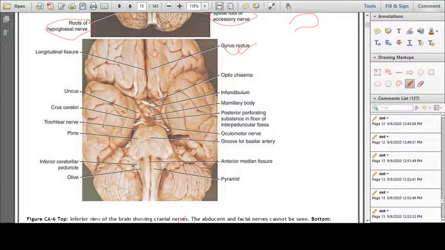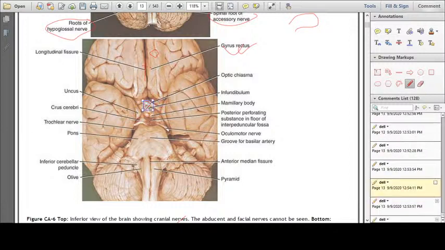We could always see the optic chiasma at the base of the brain. This small part is called the tuber cinereum. This bulged part is called the mammillary body.